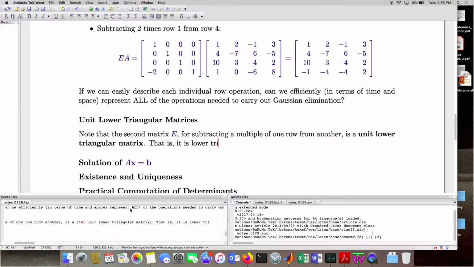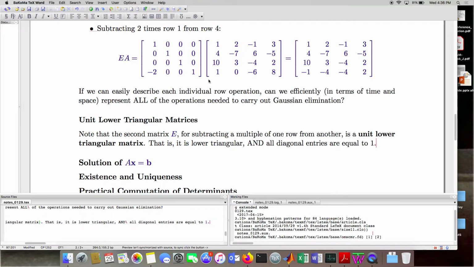Lower triangular means all entries above the main diagonal are 0, and all diagonal entries are equal to 1. So that's where the unit part comes into play.